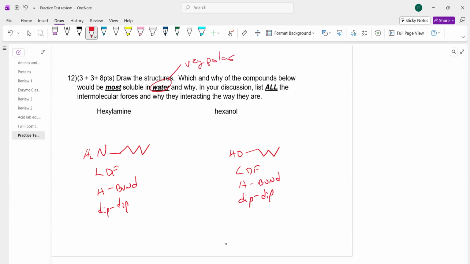So for the one with the highest IMF, really the only difference between these two is the strength of the hydrogen bond. Okay, so this one has stronger hydrogen bonding. Hence it would be more soluble in water.